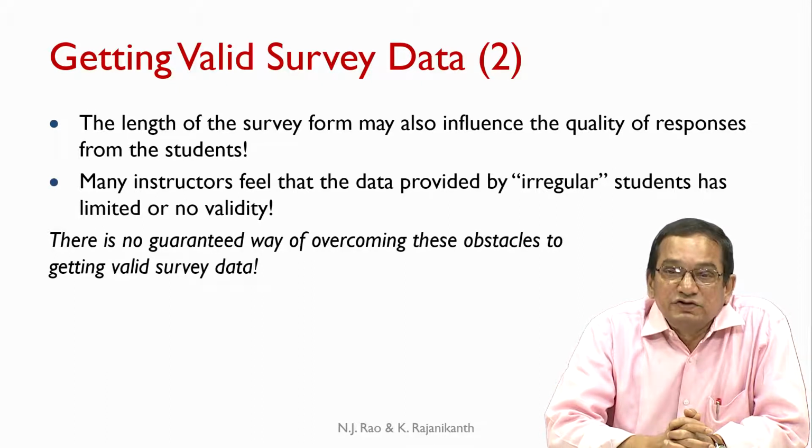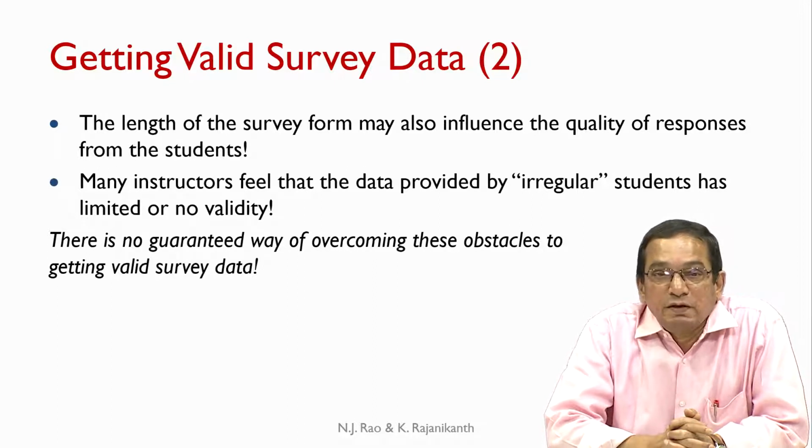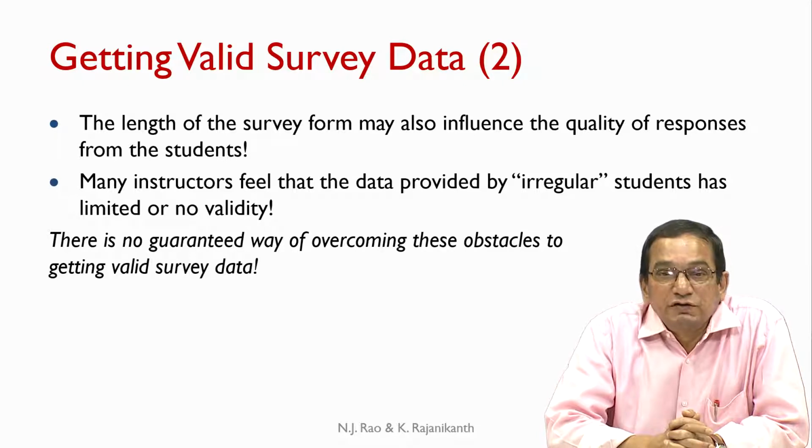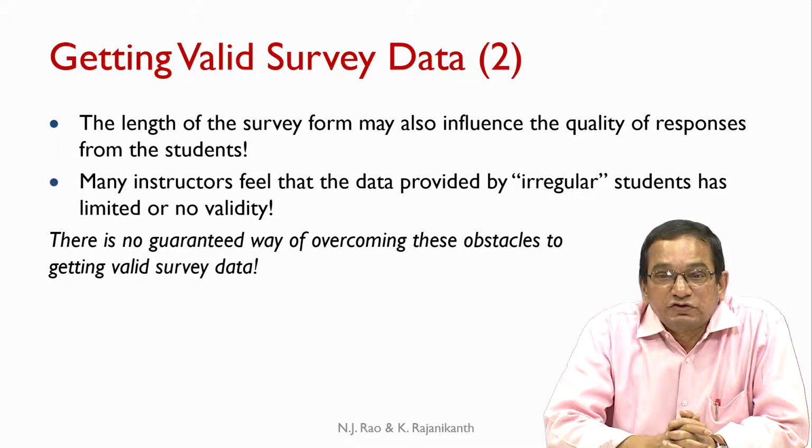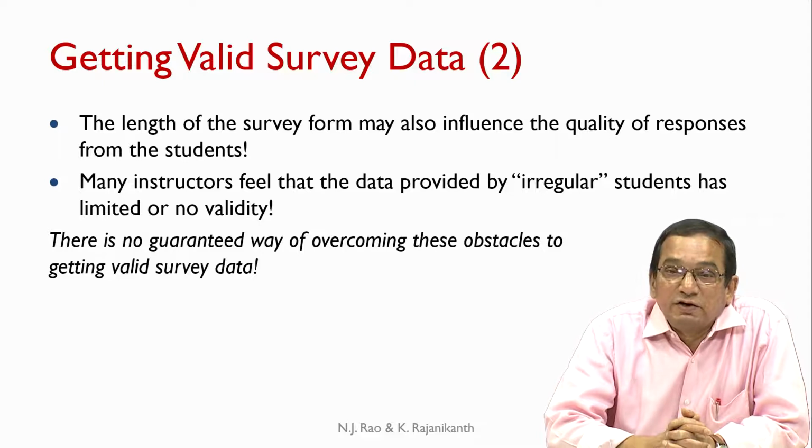And another issue is who should participate in this course exit survey. Many instructors strongly feel that the data provided by irregular, within quotes, irregular students has limited or no validity. So, some institutes do impose an entry criterion for participating in the course exit survey.